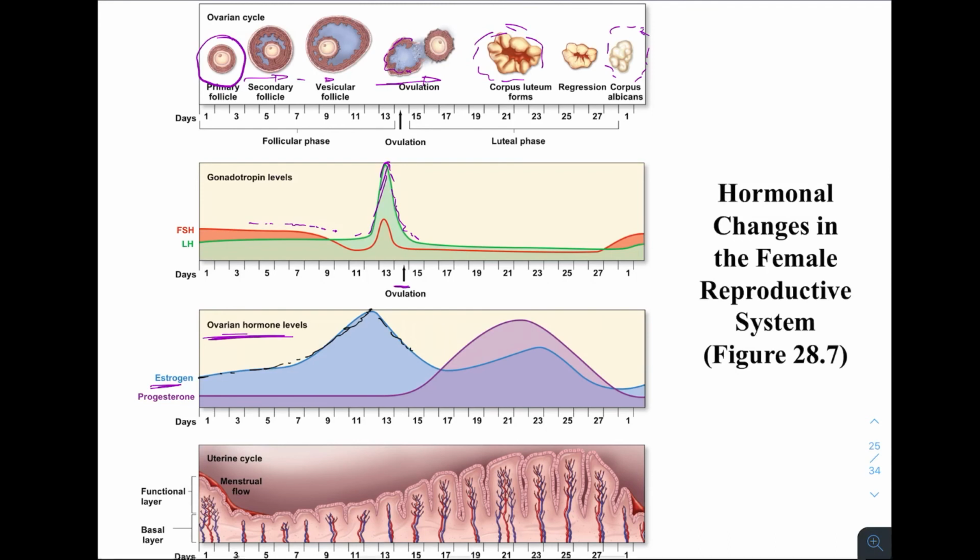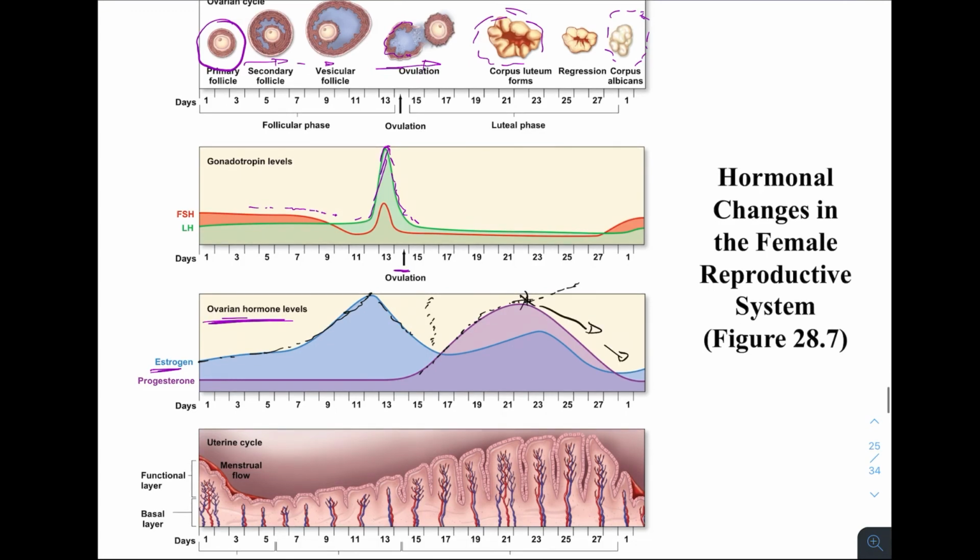And then it also shows you that the corpus luteum, which only starts to be around after day 14, will end up giving us that rise in progesterone that basically gives us that thick endometrium. And just remember that right here, that progesterone has to stay elevated if pregnancy is going to continue. But if pregnancy does not take place, we get that corpus albicans, so progesterone levels drop, and then we end up getting menstruation and the cycle resumes.